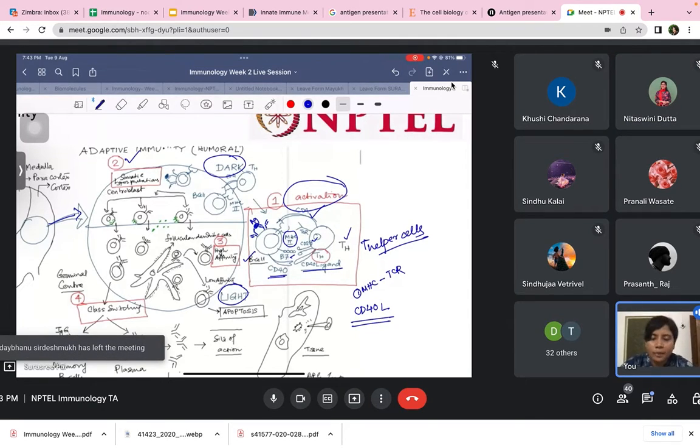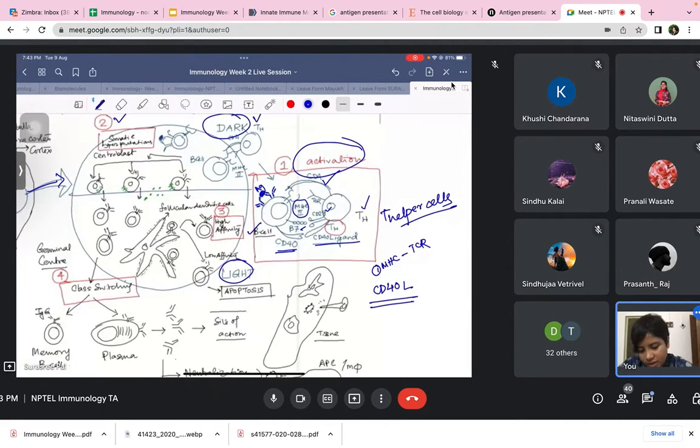So somatic hypermutation takes place in the dark zone of the germinal center, and then when the somatic hypermutation is completed, these centroblasts, which are basically precursors of the activated B cells, now move on to the light zone of the germinal center, and then class switching occurs.